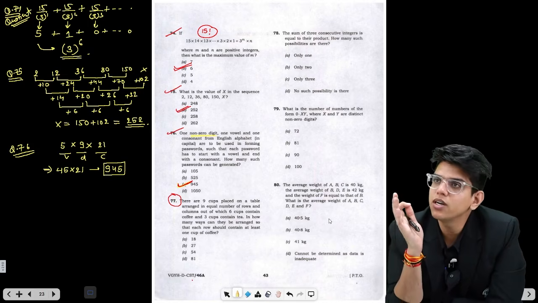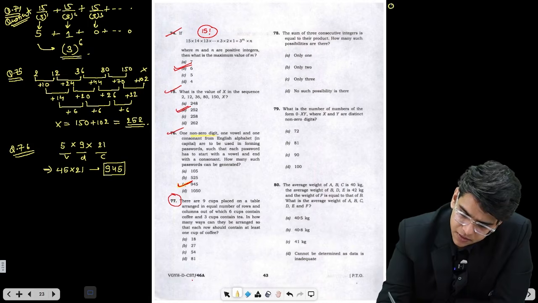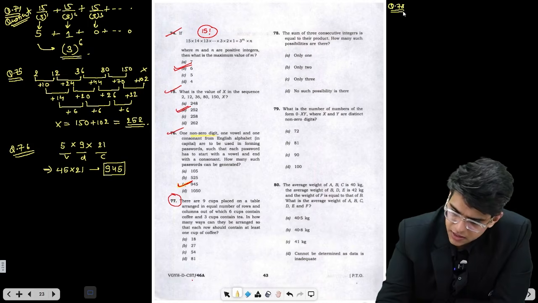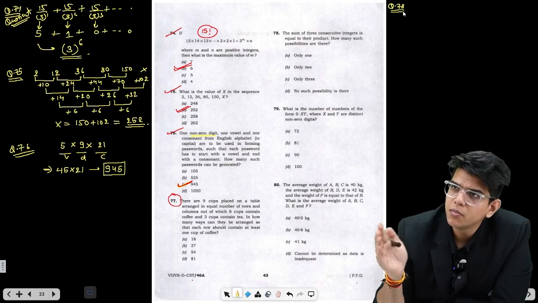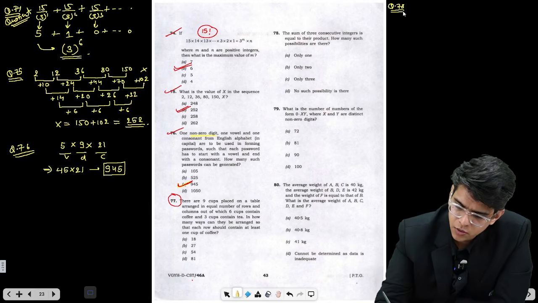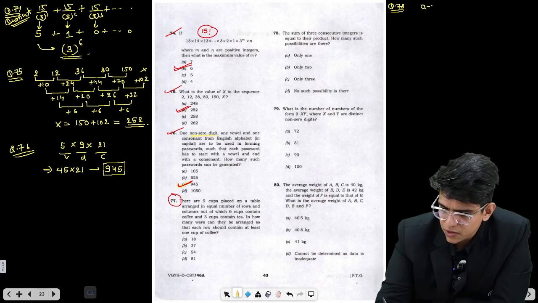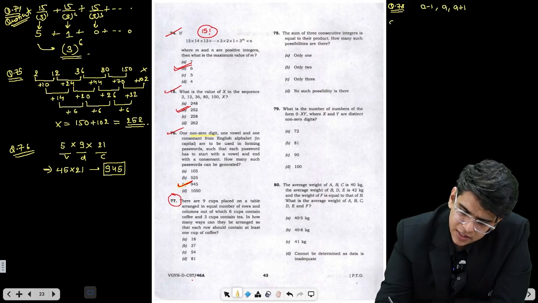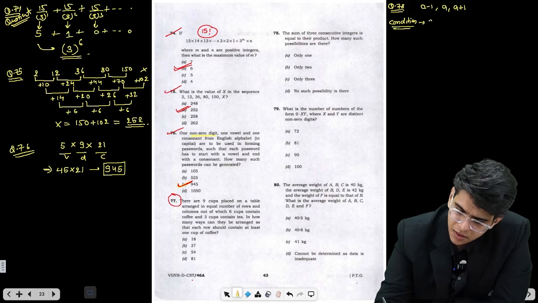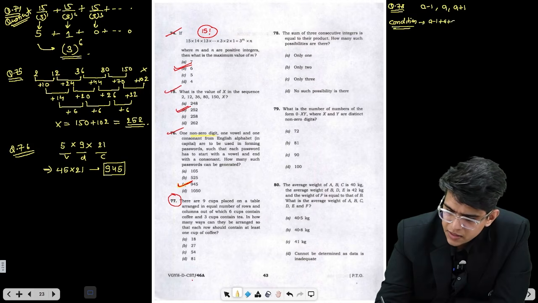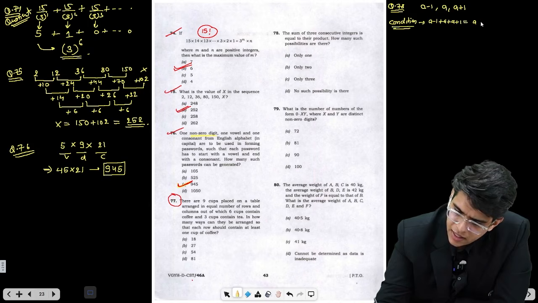Whenever you have to assume 3 consecutive numbers, you can take any, but I am taking A minus 1, A, A plus 1 to make this calculation easy. The condition is the sum A minus 1 plus A plus 1 equals the product A into A minus 1 into A plus 1.